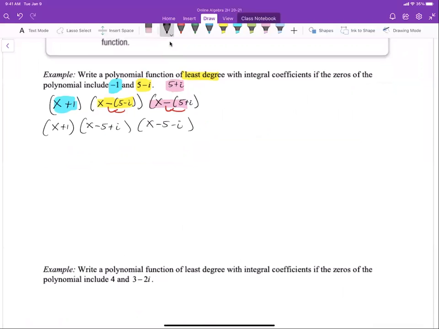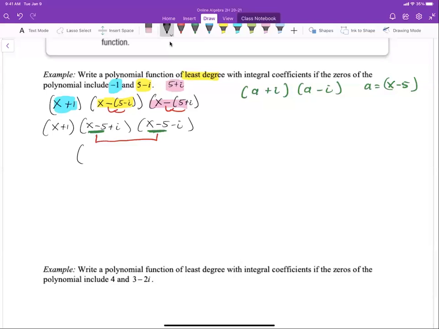I need to put this in polynomial function form, and that is in factored form right now, so I have to combine all this. Here's a trick to make your multiplication easier. Instead of multiplying two trinomials, this is in the format of a plus i times a minus i, where a is equal to x minus 5. So we multiply first this as a unit.